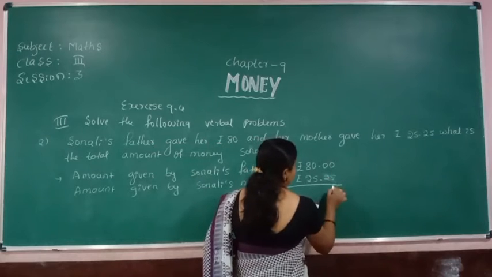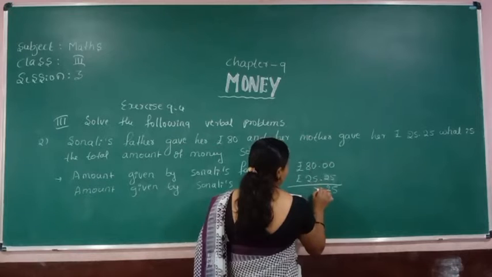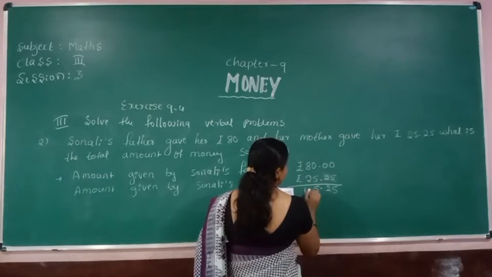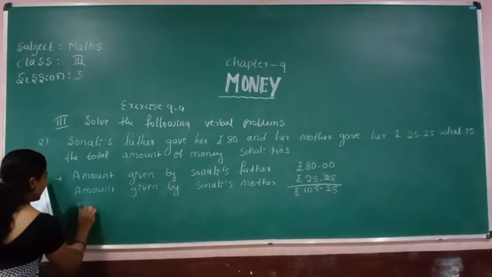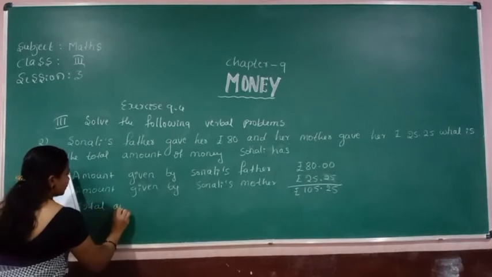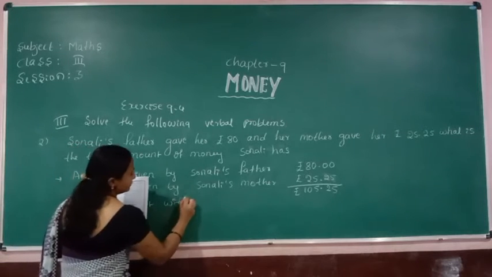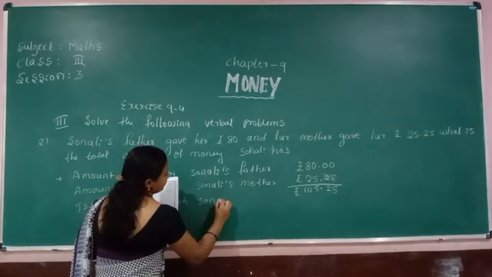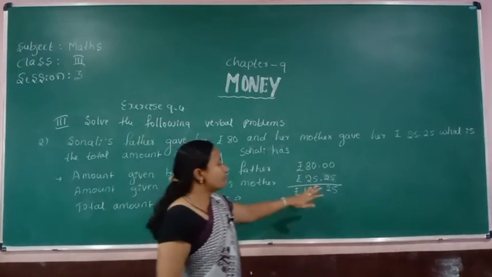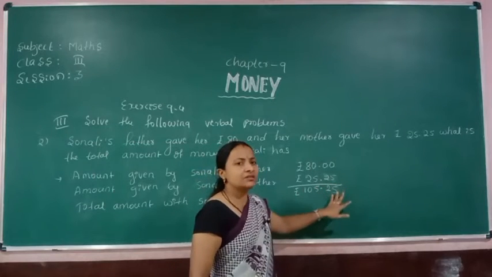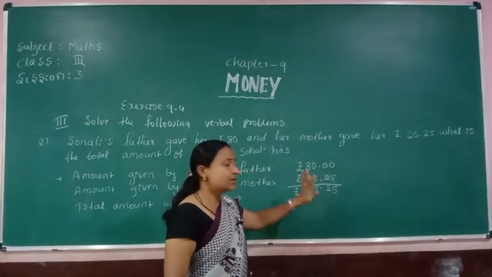So 0 plus 5, 5, 0 plus 2, 2. Okay, 0 plus 5, 5, 8 plus 2 how much? 10. Totally she has how much? Total amount with Sonali is how much? 105 rupees 25 paise. 105 rupees 25 paise Sonali has.